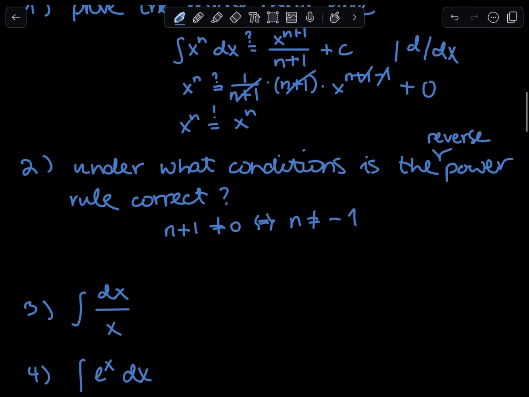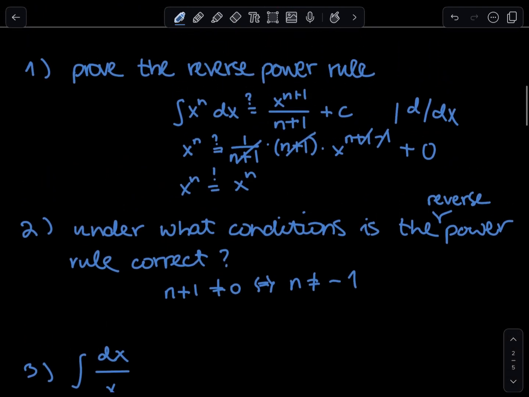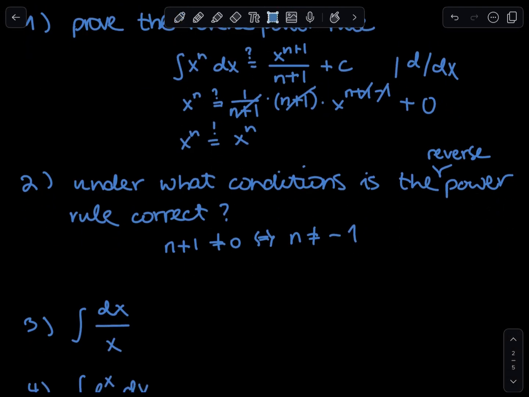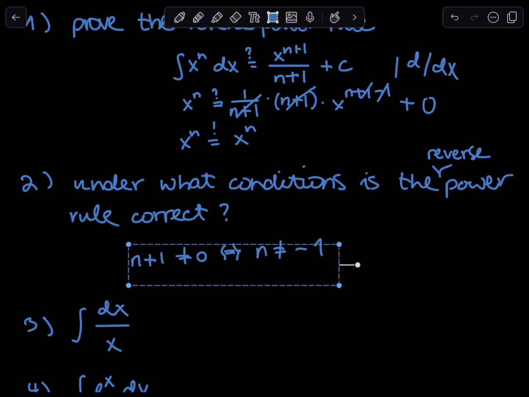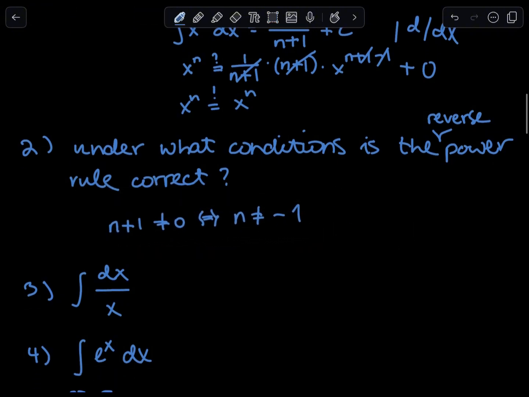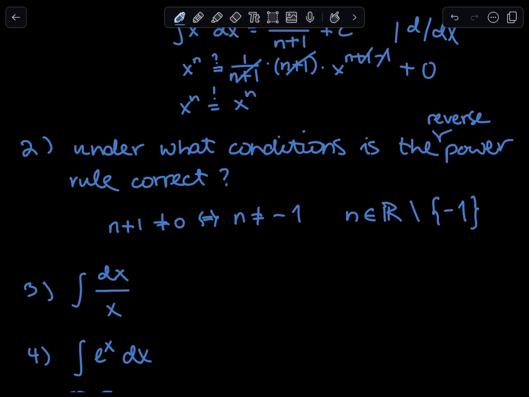Let's move on to the next question. Or technically, to fully answer this, we can say n plus 1 is not 0, therefore n is not minus 1. Or we can say n has to belong to the reals, excluding the element minus 1. Like that.